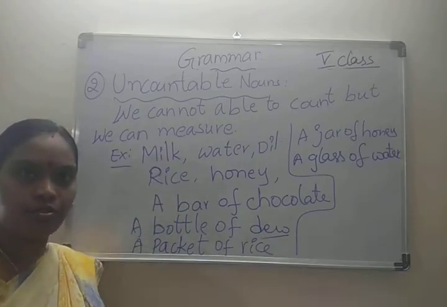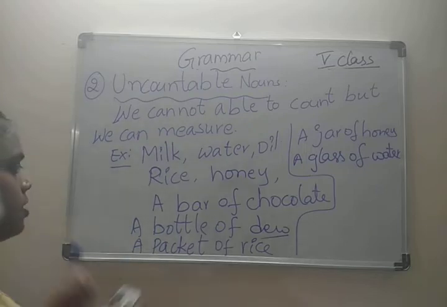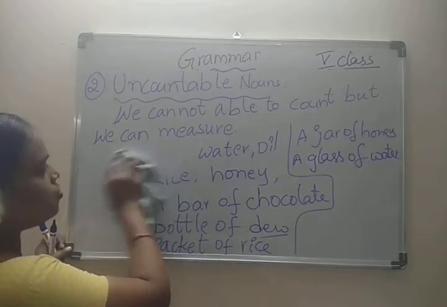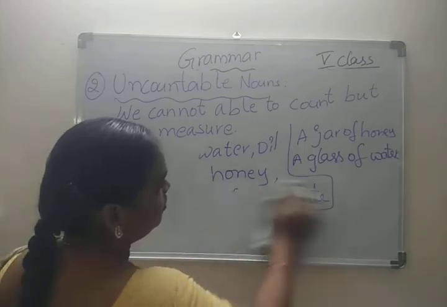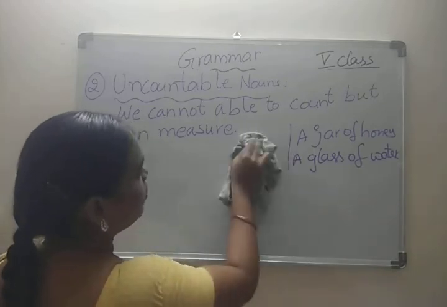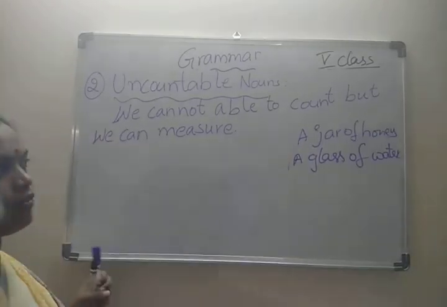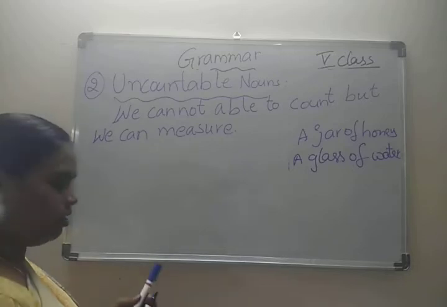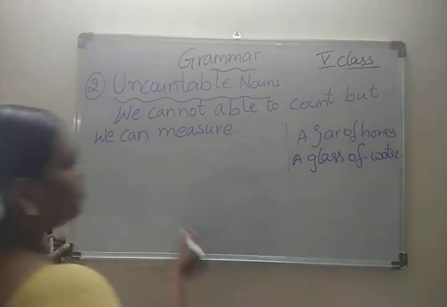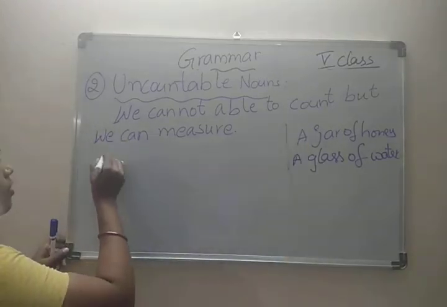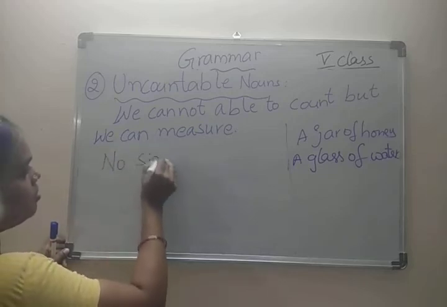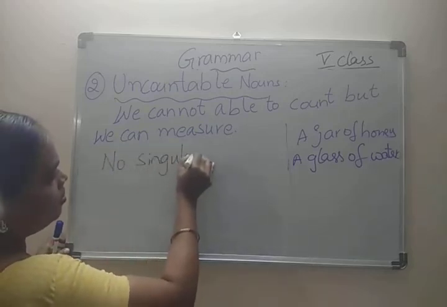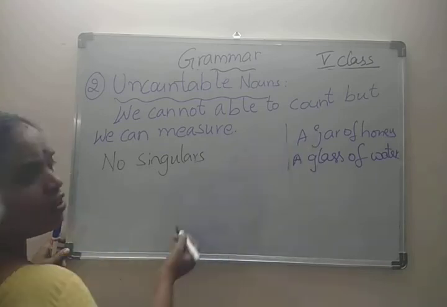Here also we have to use something. Yes, a jar of, a glass of. These are like those only. Here there are no singulars. Singulars would be like a jar of honey.